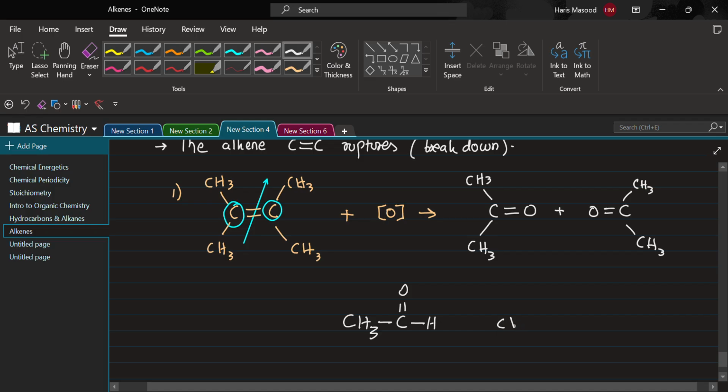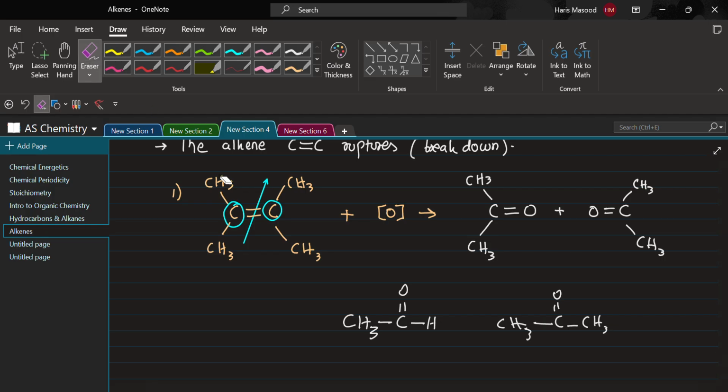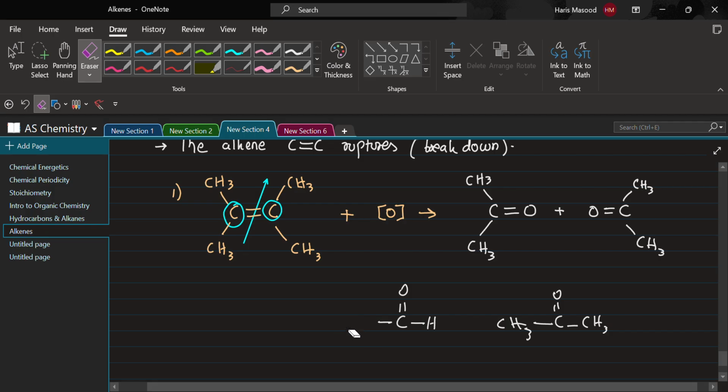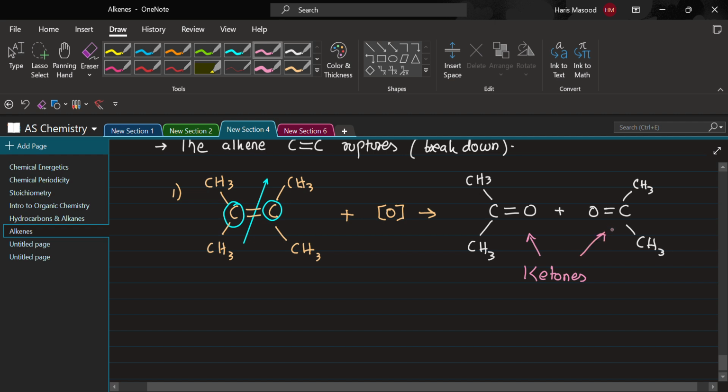But ketones are the ones that do not have any hydrogens attached to it. So if you have two alkyl groups attached to the carbon, you will always be forming a ketone there. Clear?